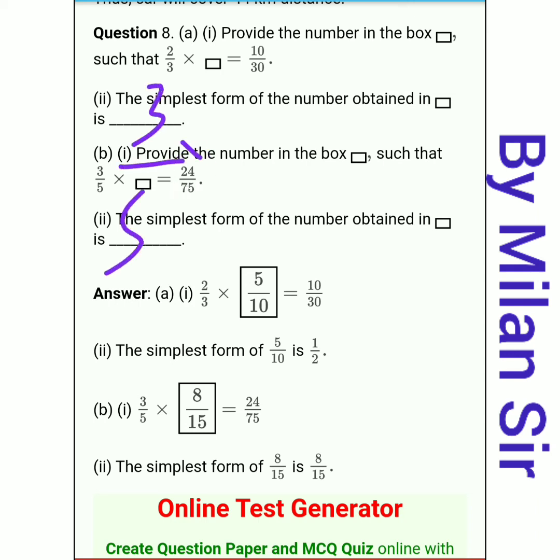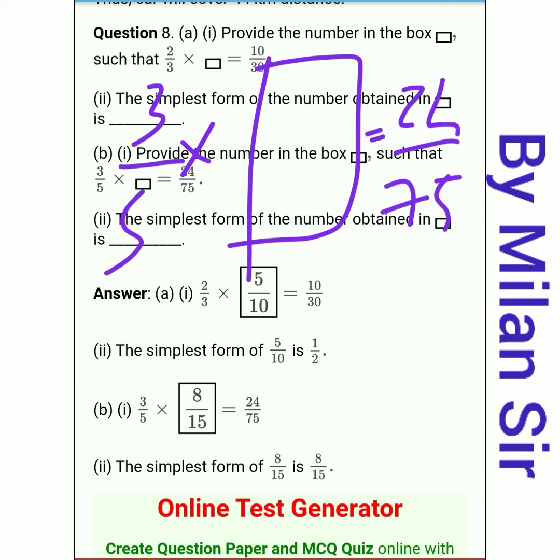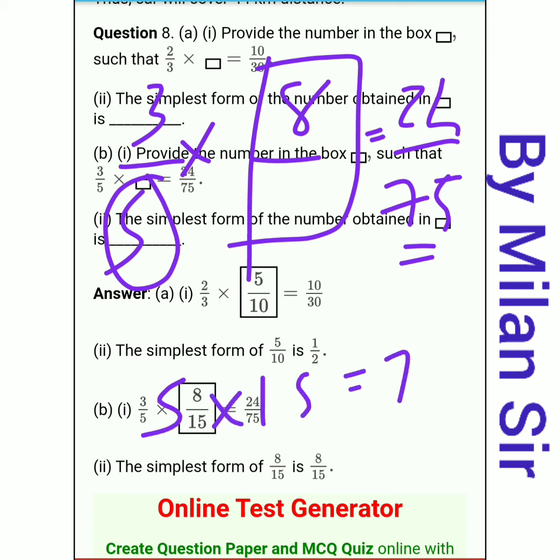So again one box, 24 by 75. Here same thing, 8, but now think about 5 where you will get 75. So 15 fives are 75. So 15 is missing, and I need to put it in this box. So 8 by 15 is our answer.